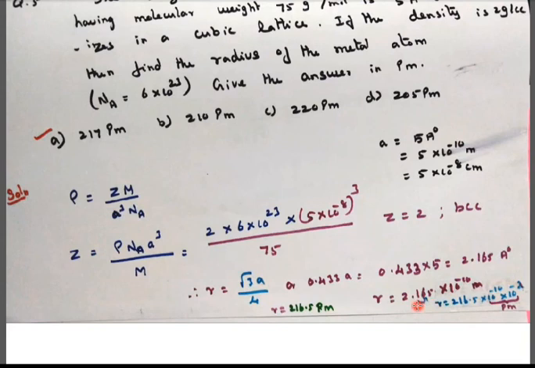How many decimals are we moving the point? 2. So into 10 to the power of minus 2, and already it is 10 to the power of minus 10. Adding all this, 10 to the power of minus 12. 10 to the power of minus 12 meter is nothing but a picometer.